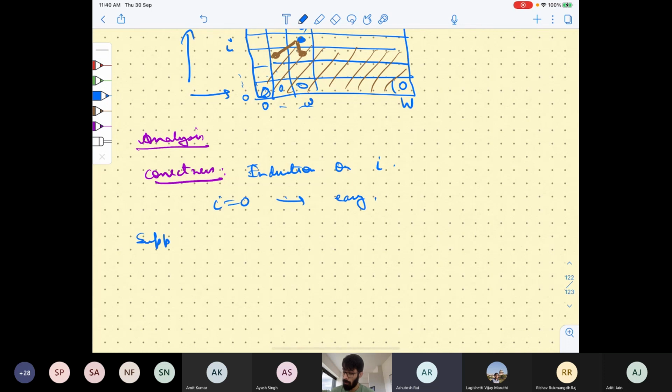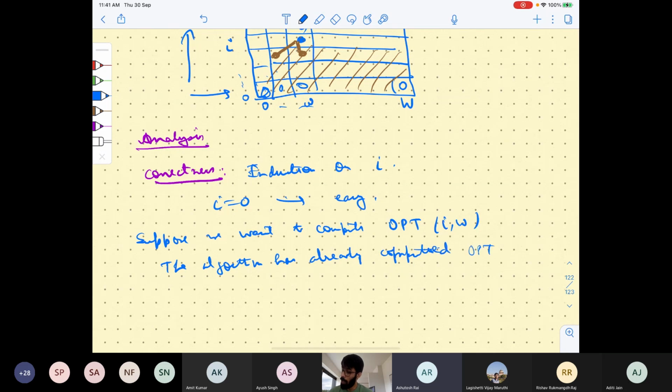So suppose we want to compute opt of i comma W, and the algorithm has already computed opt of i minus 1 comma W prime for all W prime, 0 less than or equal to W.